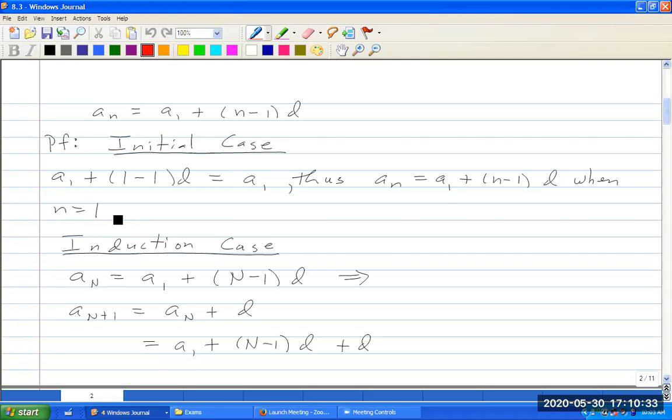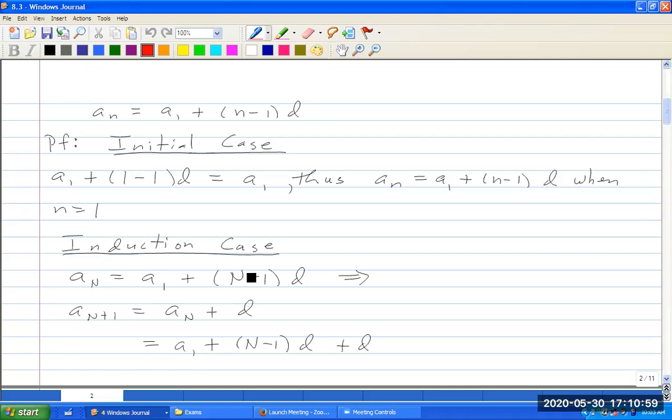Let me show that the induction case holds. So first, let me assume that the following induction hypothesis is true. So let me suppose that a sub n is equal to a sub 1 plus n minus 1 times d. Then I want to show that this formula holds when I replace n by n plus 1.